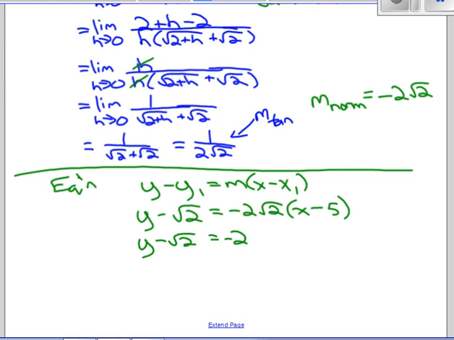That'll give me negative 2 root 2 x, negative, fairly steep slope, just like we expected, plus 10 root 2. And if I add root 2 onto each side, here it is in y equals form.